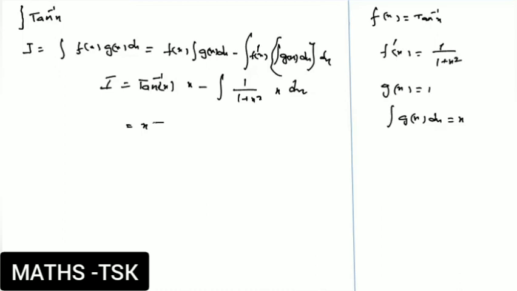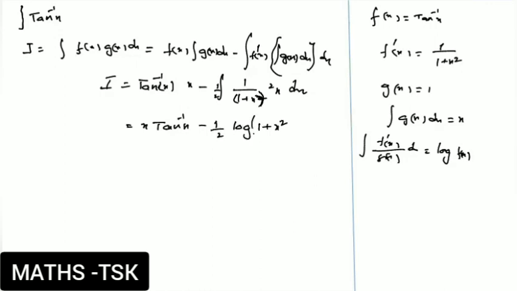So this is x tan inverse of x minus, if you multiply and divide with the 2, this becomes integration of f dash of x by f of x. The x is nothing but log of f of x formula. So this becomes 1 by 2 into log of 1 plus x square plus c. So there is the integration of tan inverse of x.